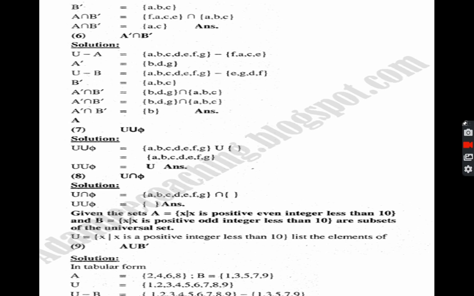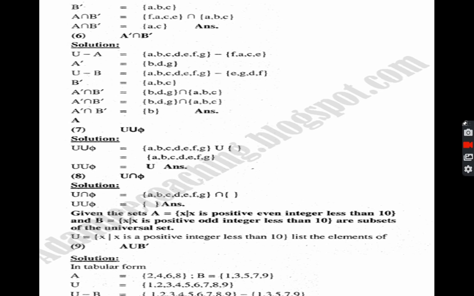Now the question is, given the sets A is equal to positive even integers less than 10, meaning even numbers: 2, 4, 6, 8. So according to the statement, the value of A is equal to 2, 4, 6, 8.